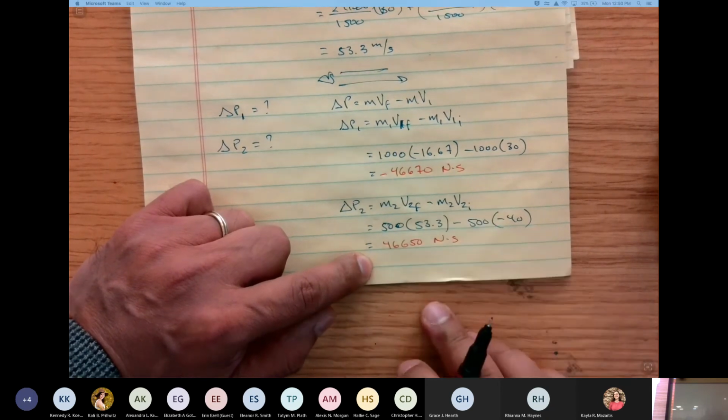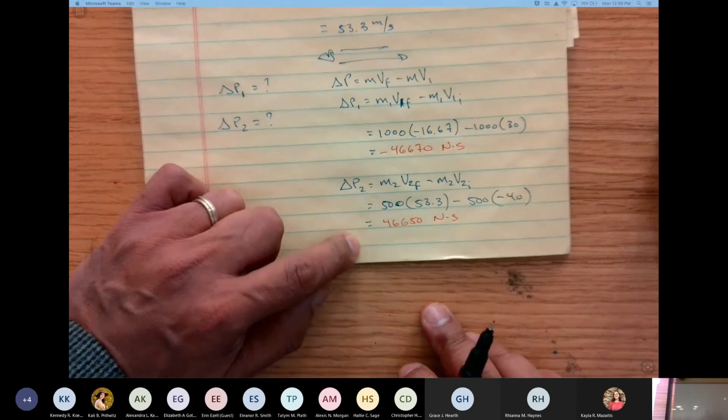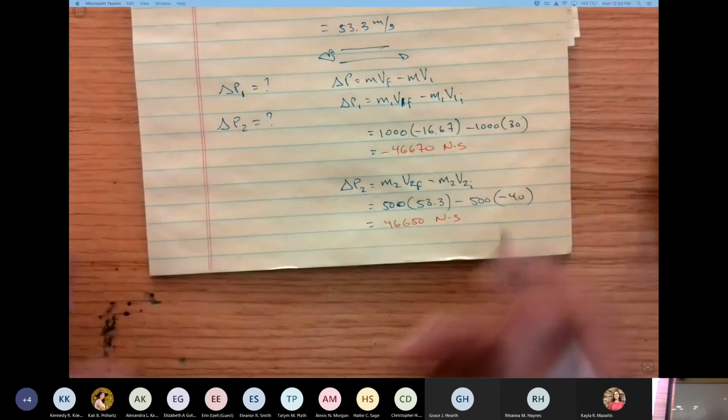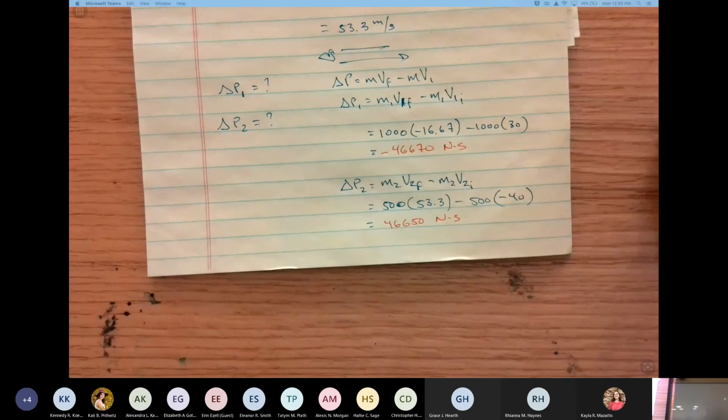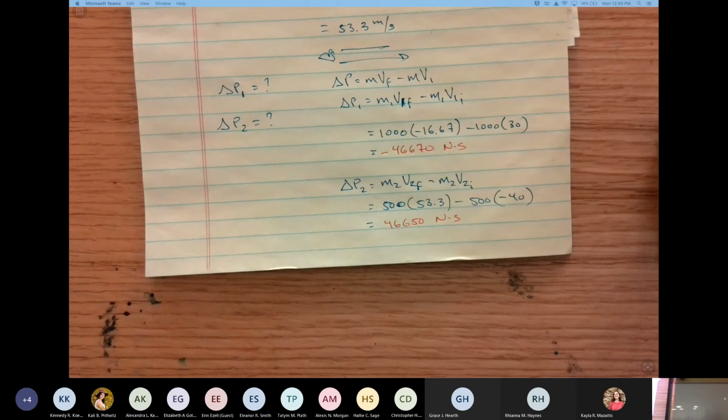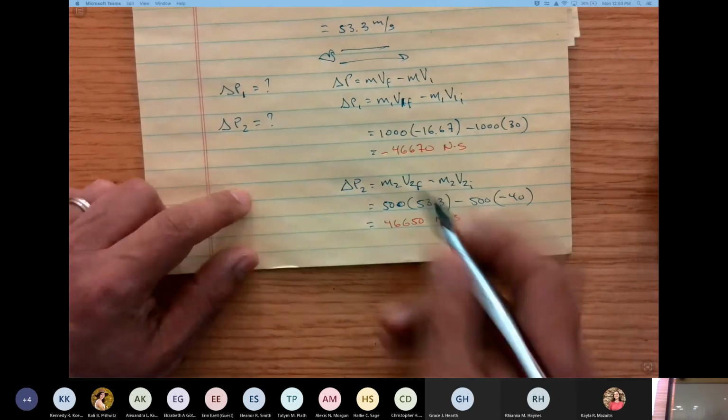So we know this collision has to satisfy that the change in momentum is equal to 0. Whatever momentum we have at the beginning has to be equal to the momentum at the end, or whatever change in momentum we have on the first mass has to equal the change in momentum of the second mass, just in the opposite direction. The two changes in momentum are pretty much the same.